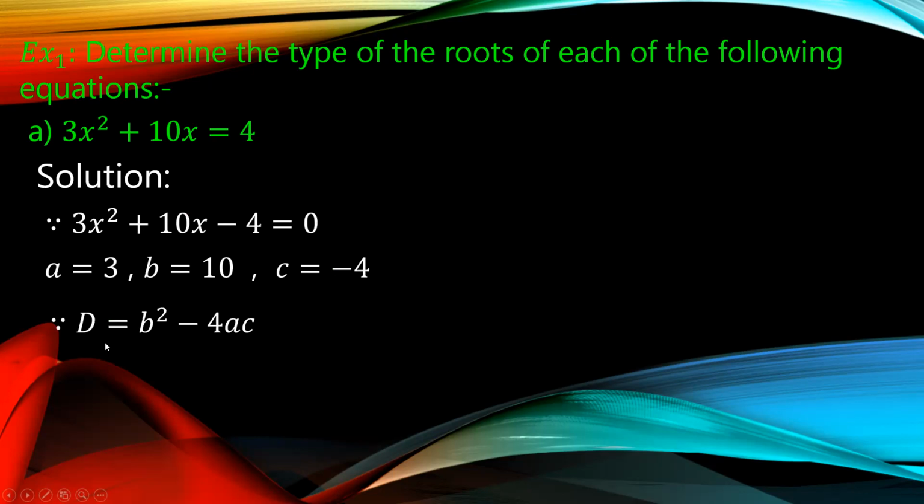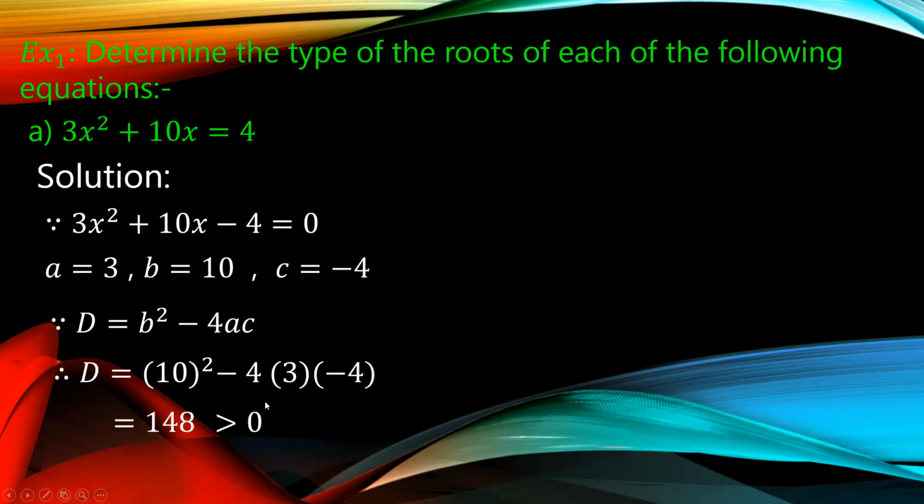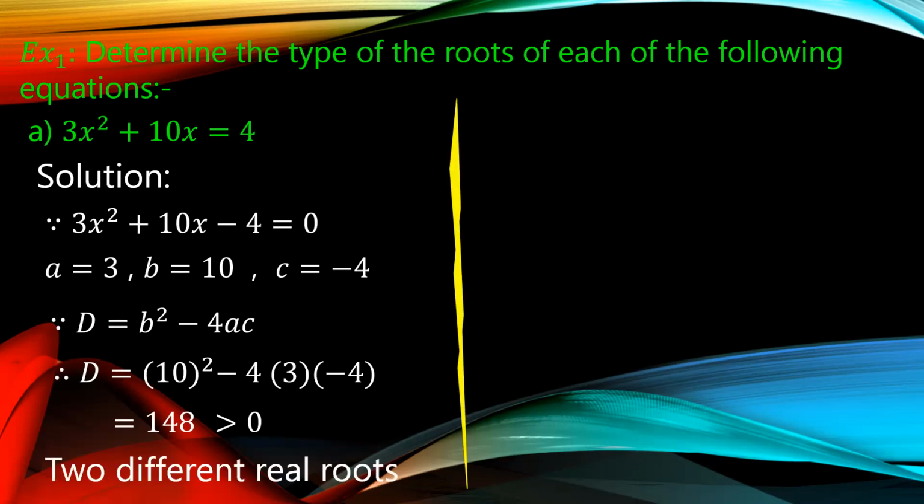The discriminant equals b power 2 minus 4ac. By substitution, the discriminant equals 10 power 2 minus 4 times 3 times negative 4, which equals 148. This number is more than 0, then the two roots will be different and real because the discriminant is more than 0.